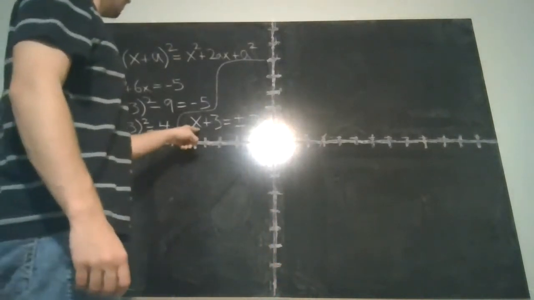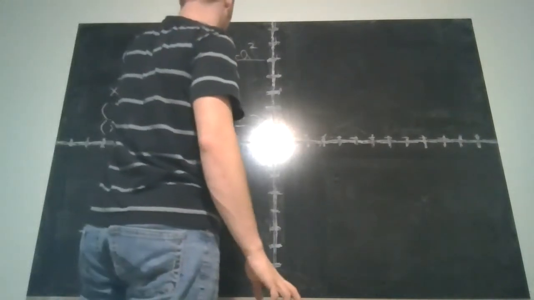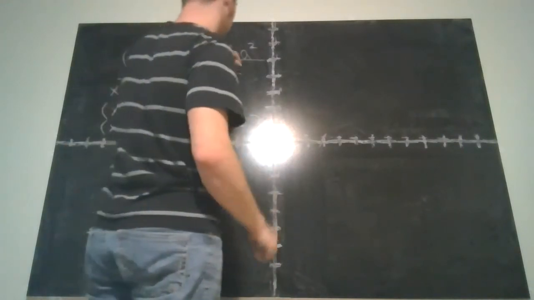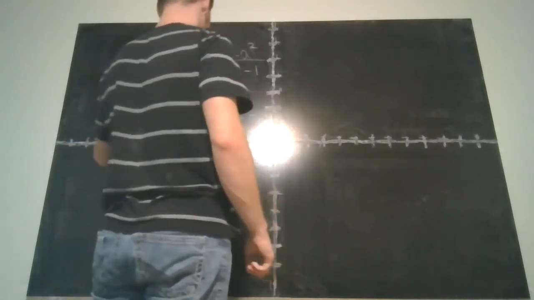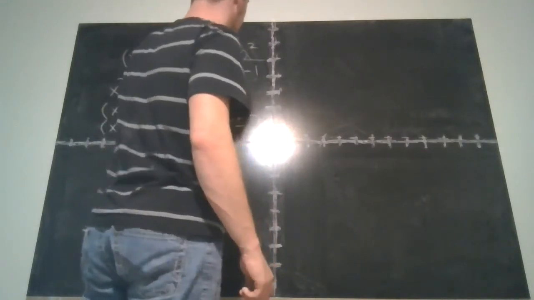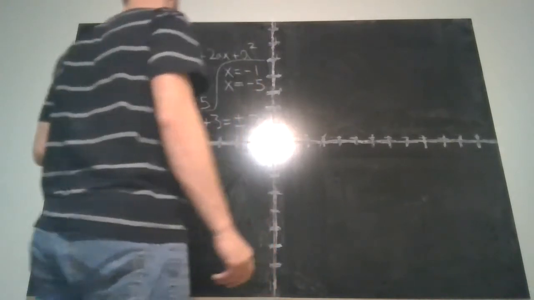So we can solve for that to get x is -1, because -1 plus 3 is 2, or x is -5, because -5 plus 3 is -2.